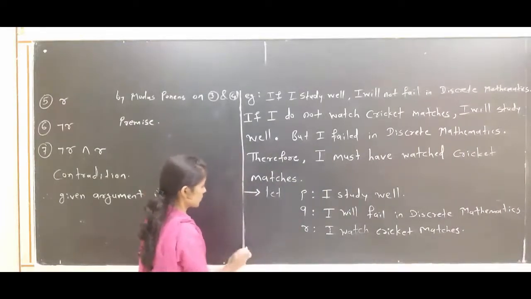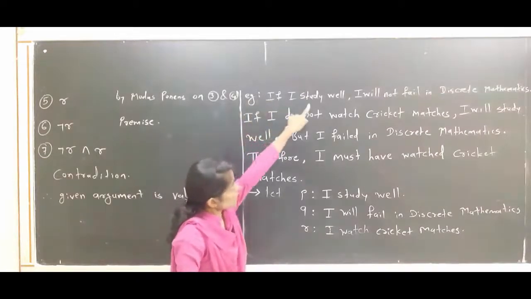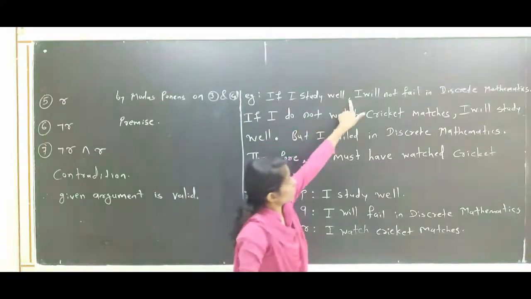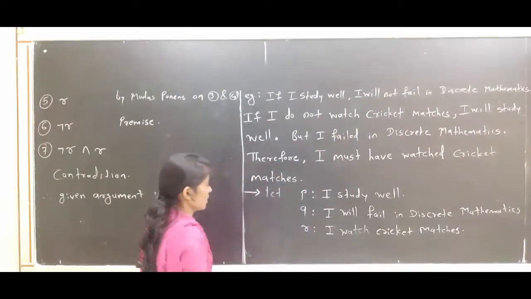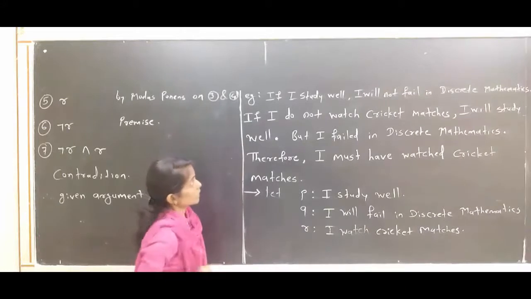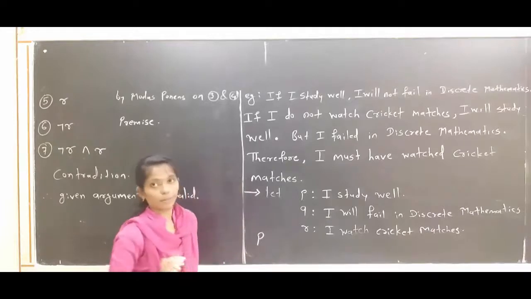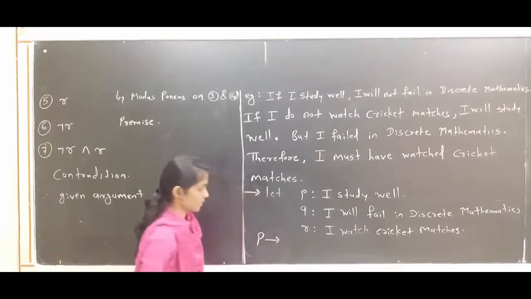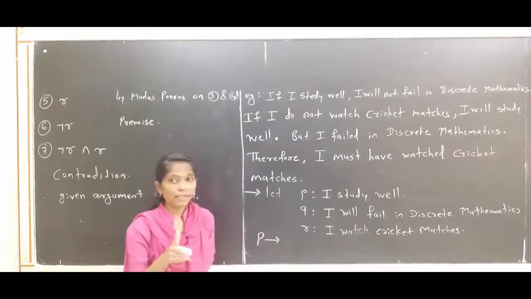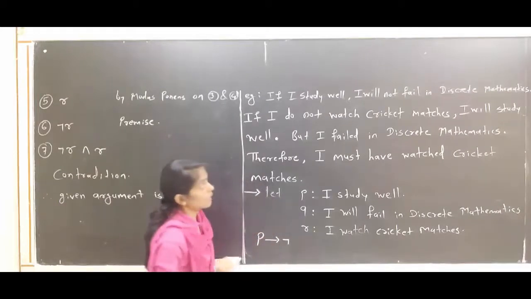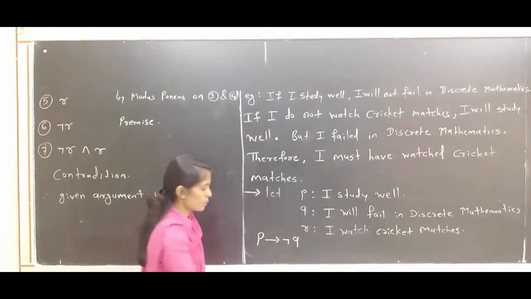Now read the problem and write down the argument. First sentence, if I study well, here comma means then, I will not fail in discrete mathematics. So the first statement, if I study well, that is P, then, not fail in discrete mathematics, here not means we take negation. So P implies negation Q. This is the first premise.